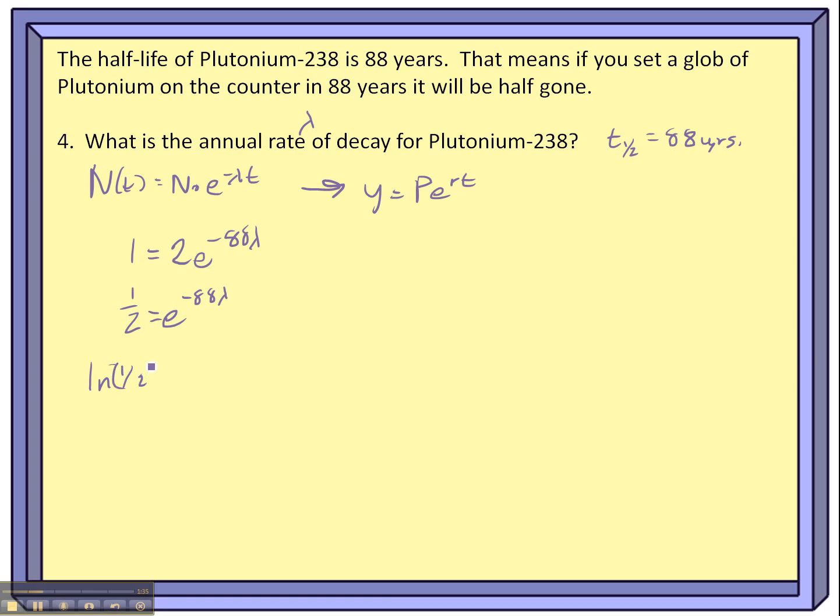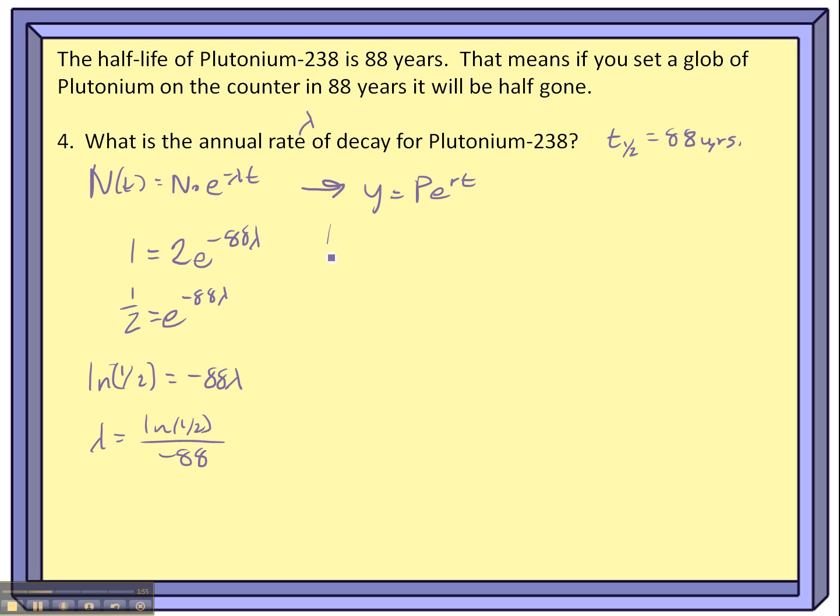Natural log of 1/2 equals, and then it'll cancel out over here, just giving me negative 88 lambda, and then after I divide, my lambda is equal to the natural log of 1/2 divided by negative 88. So there would be the exact value of lambda.